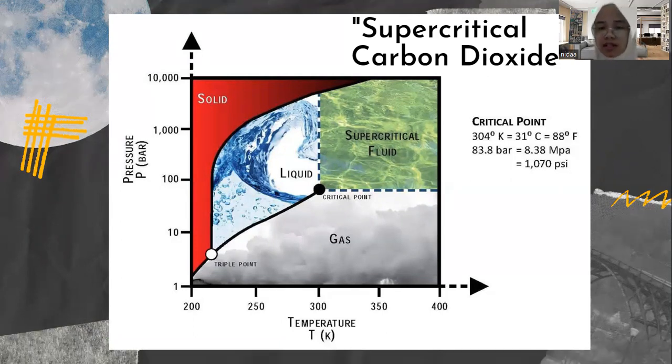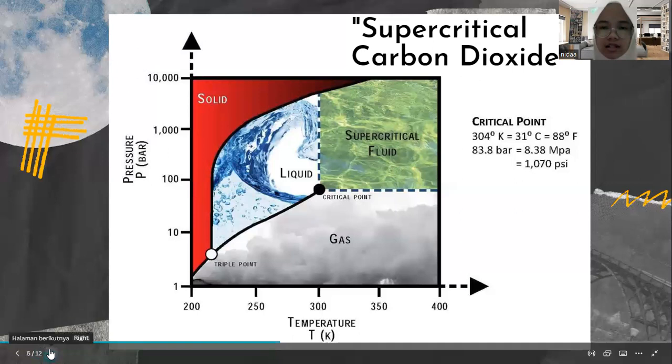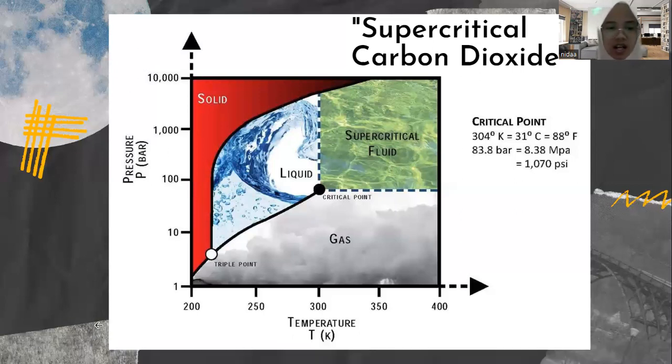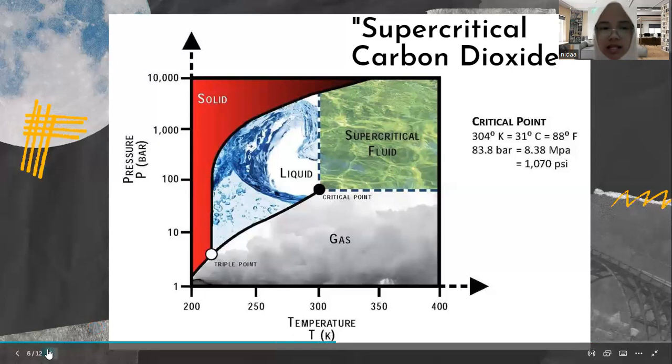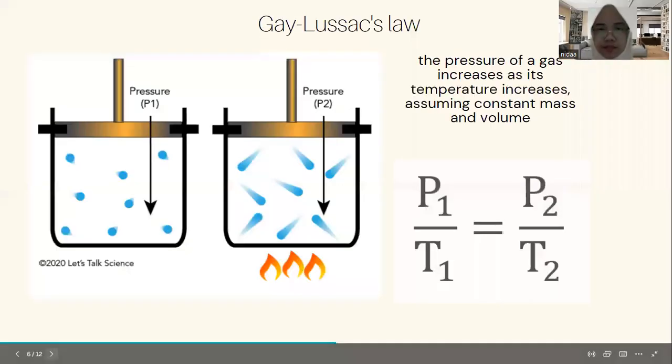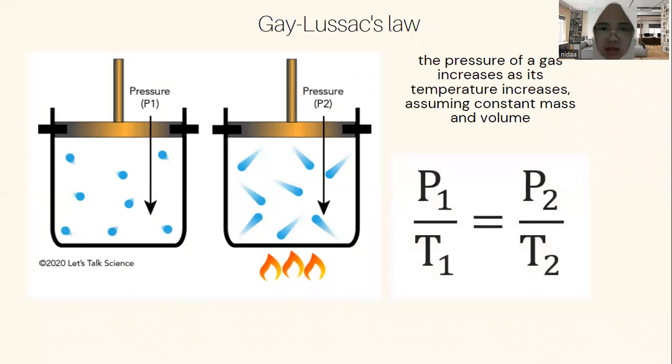It's called a supercritical fluid. So why can gas or any other phase change from one to another? It's because of a principle we know from before. It's kind of popular: Gay-Lussac's law. It states that the pressure of a gas increases as its temperature increases, while assuming that mass and volume are constant.